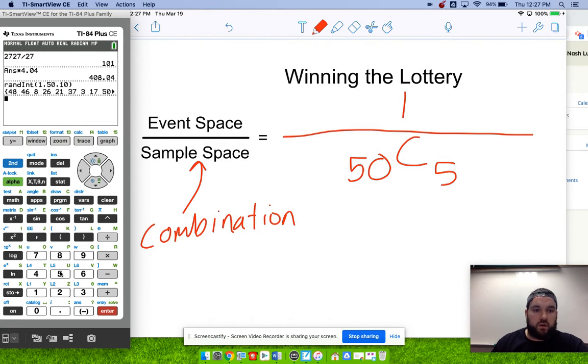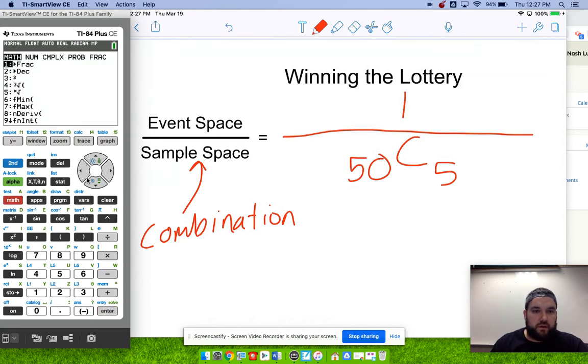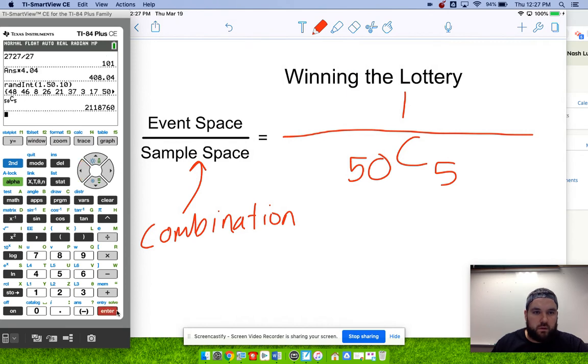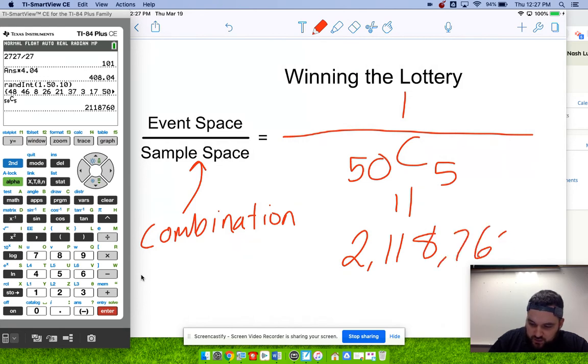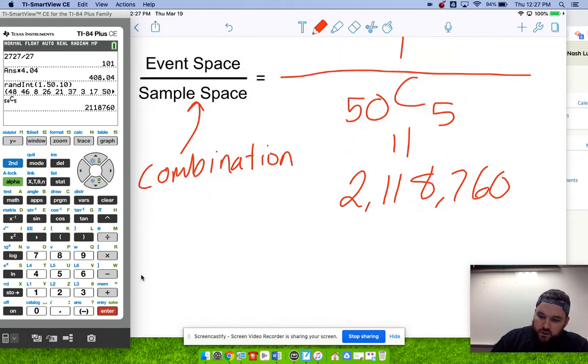Okay. So like we know from the calculator, 50 math, go over to probability. There are 2,118,760. Okay, that's our sample space.